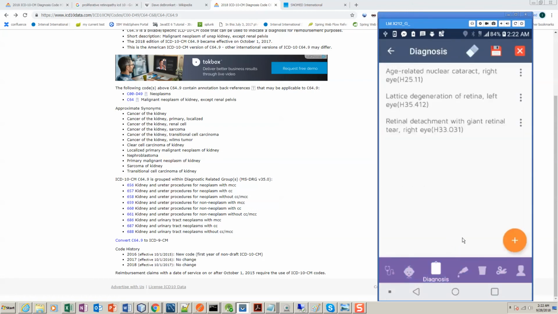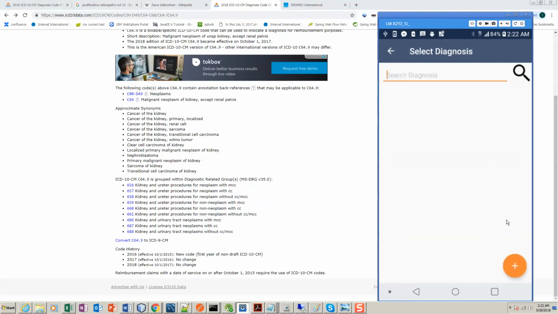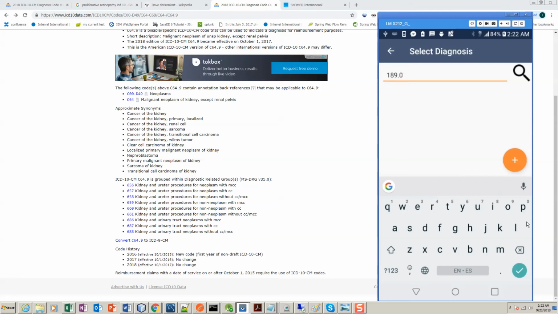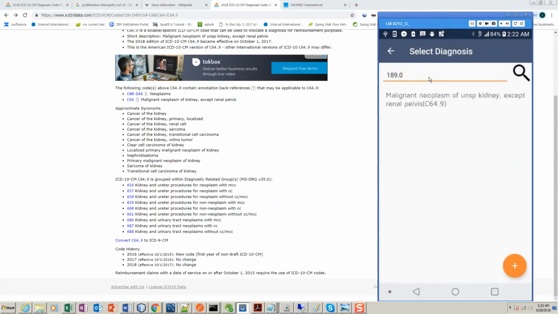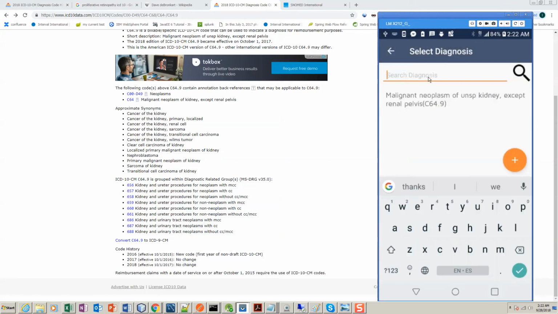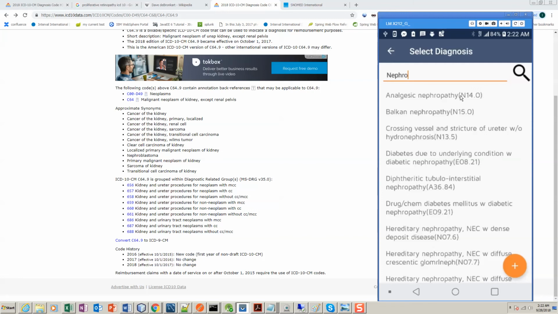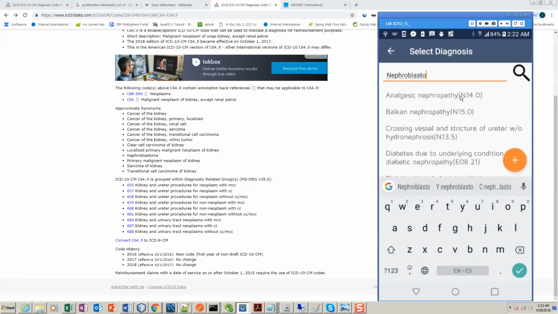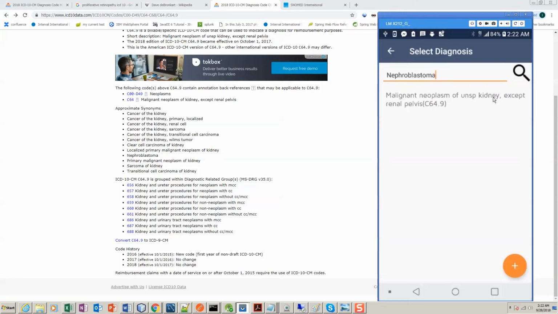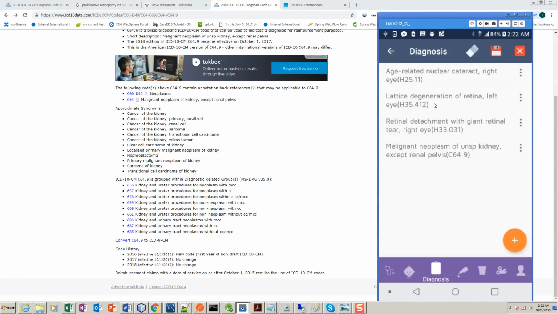Then it's easy for him to find his disease by the ICD-9 code or by the alias nephroblastoma. You see, a patient community doing a favor to the medical community.